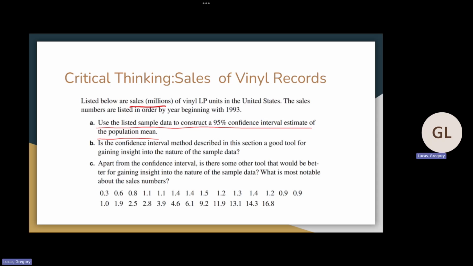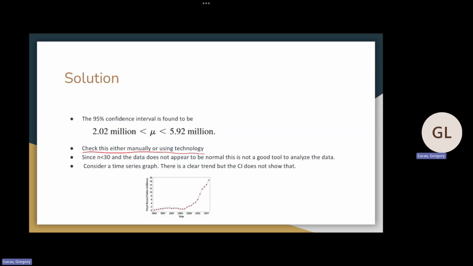If the data is not normal, those t-chart numbers we have don't have any meaning because those are for normal distributions of data. So we can find confidence intervals for anything. The number just might not have any meaning. It's not very helpful. So I did it a little out of order here. That's why we check. So I always recommend checking first.